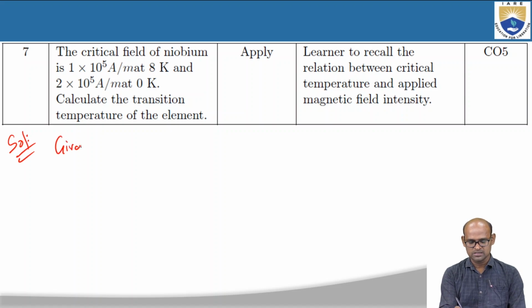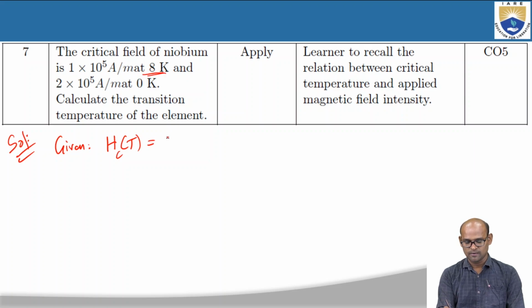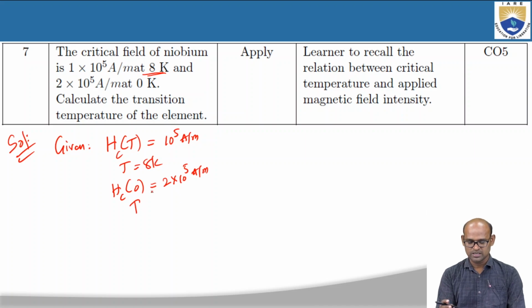What they have given us is the critical field of niobium: Hc of T, at T of 8 Kelvin, is 10 power 5 amperes per meter, and Hc of 0 is 2 into 10 power 5 amperes per meter at T equal to 0.